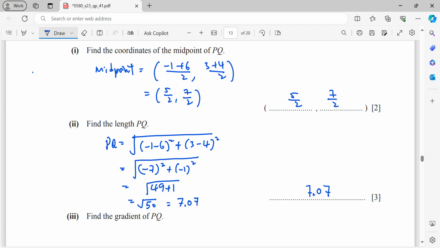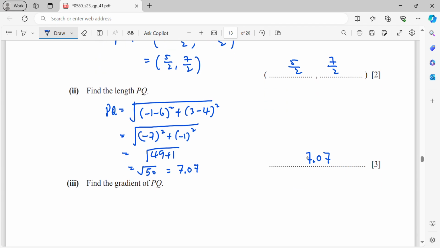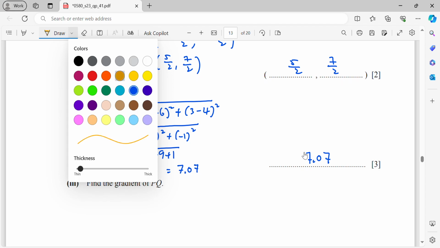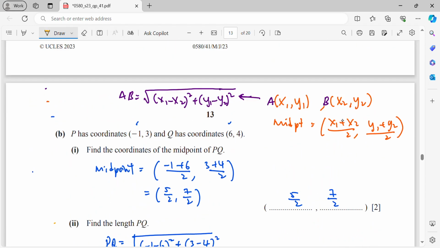Okay, part 3. Find the gradient of PQ. So the gradient's formula, right? Gradient's formula, M equals y2 minus y1 over x2 minus x1. So that's the gradient's formula.